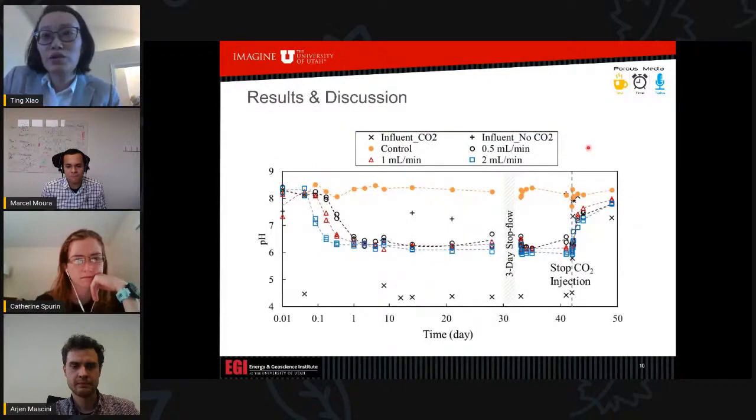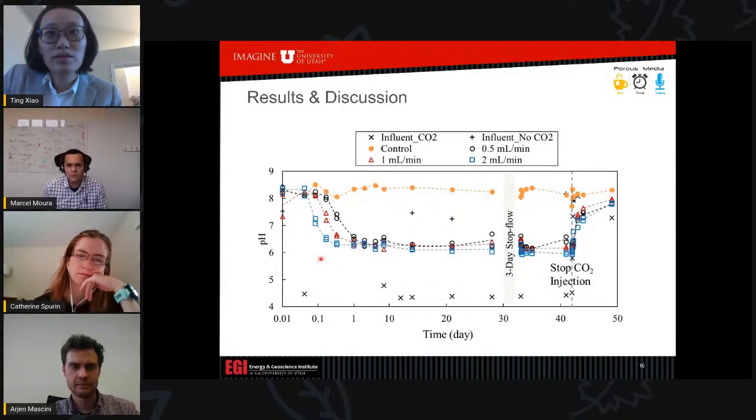Here are some results and discussion. It's obvious that with CO2 intrusion, pH dropped very quickly in 1 day, and then it decreases to a little more than 6 and stays stable in the later part of CO2 injection.